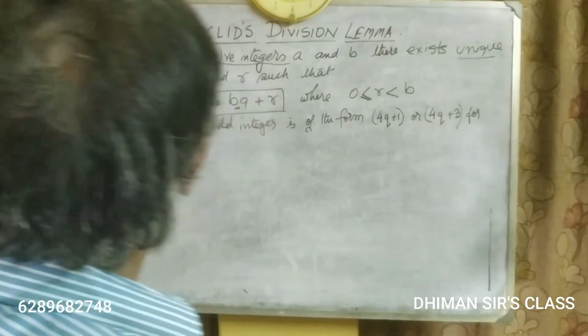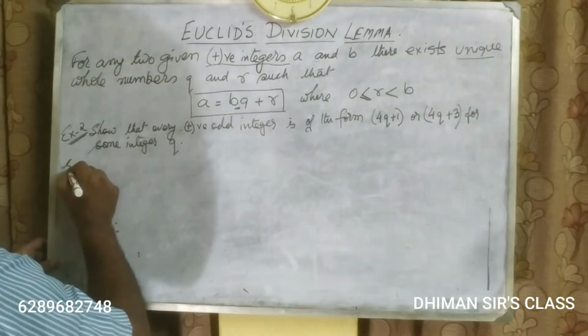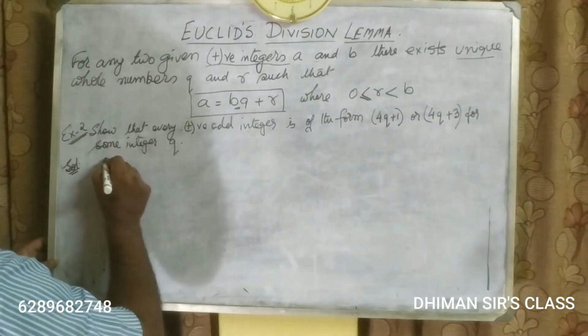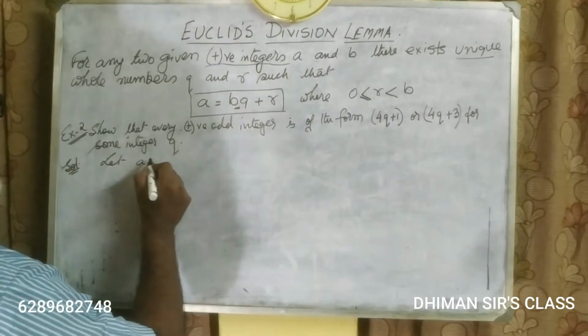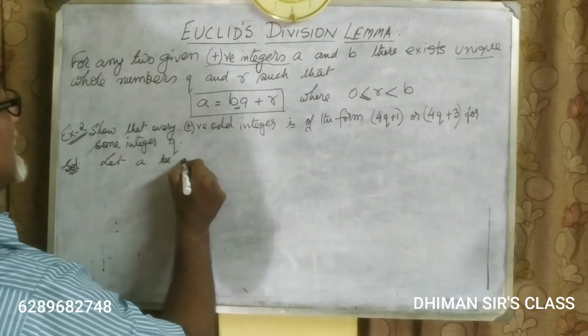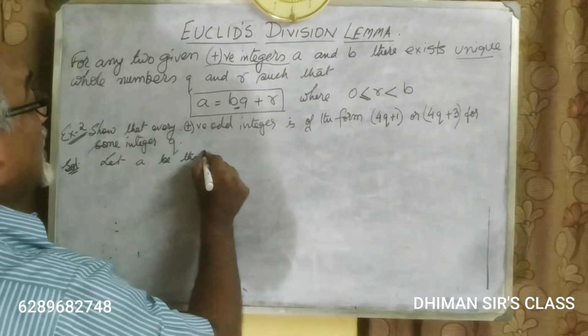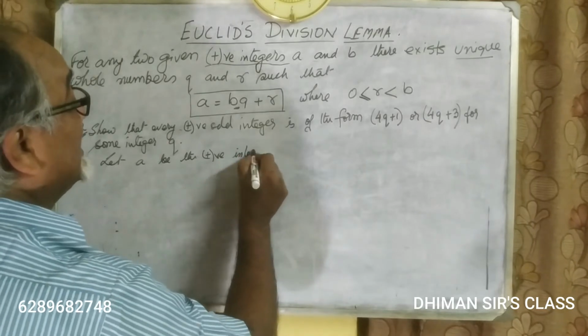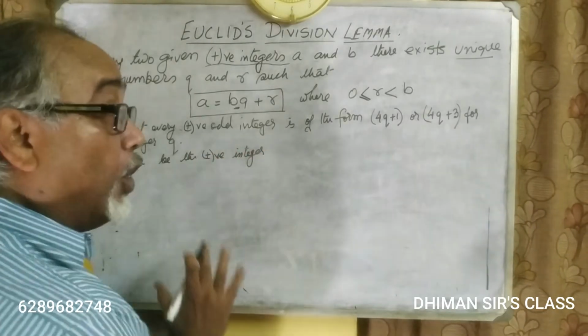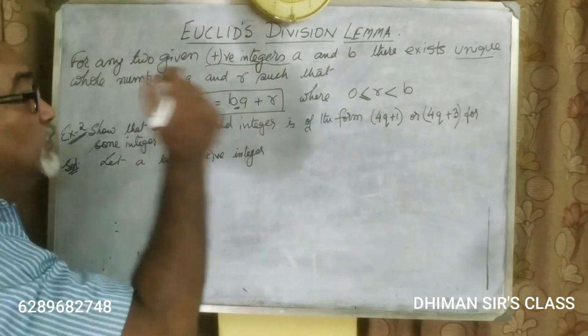Now, students, solution. Let A be the positive integer. We are not talking about odd or even. That we have to prove.